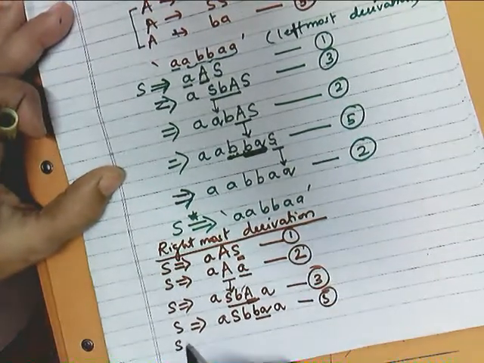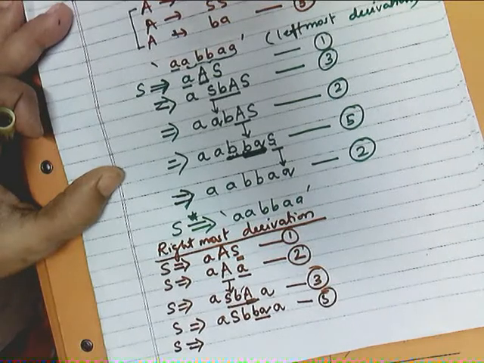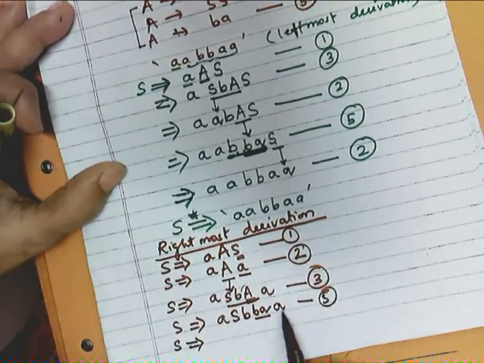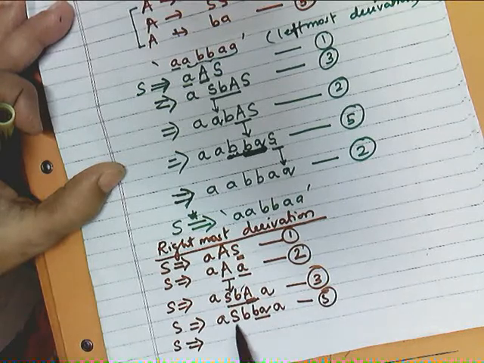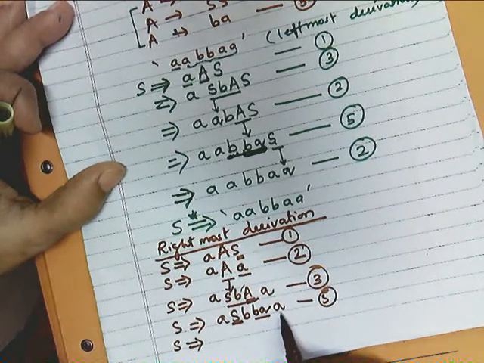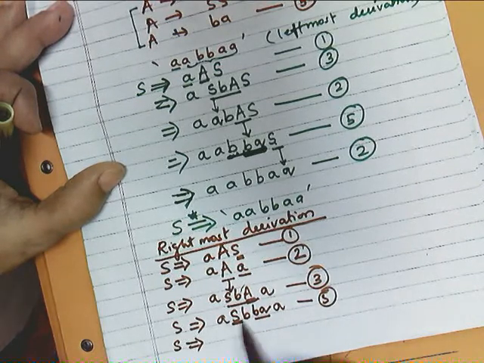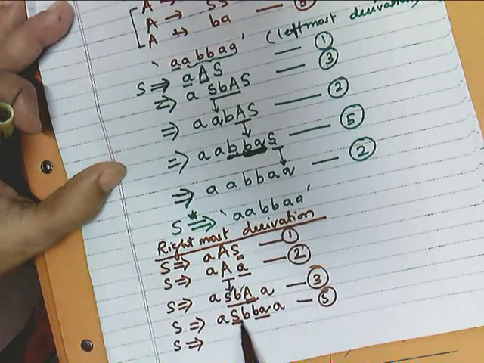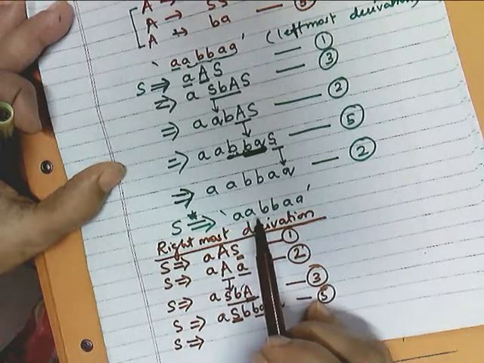Next, S produces. Now how many non-terminals are remaining? From the right-hand side, terminal, terminal, terminal, terminal. Only one non-terminal is remaining. So we need a proper replacement for this. We are very close again. AA, BB from the back side, and we want only A now, so that we can get the expected string.